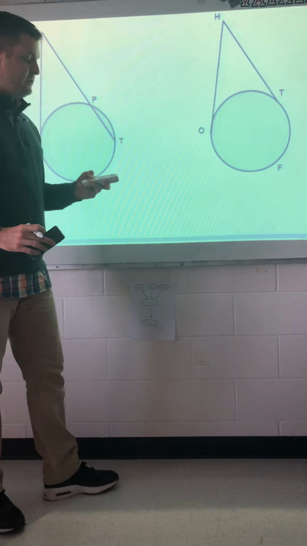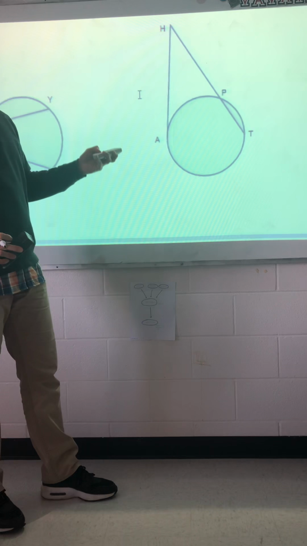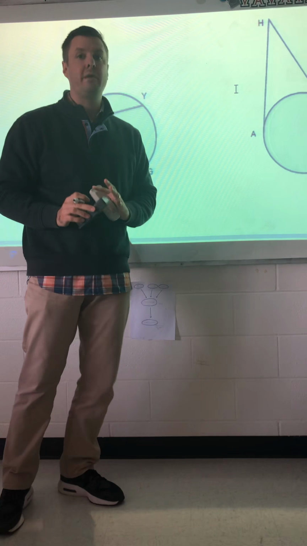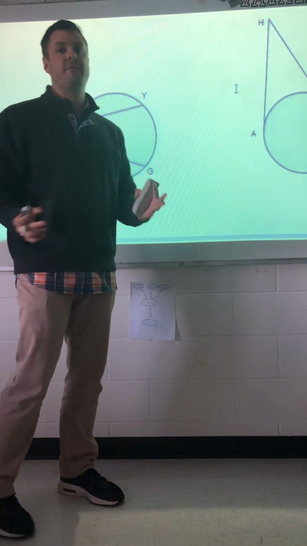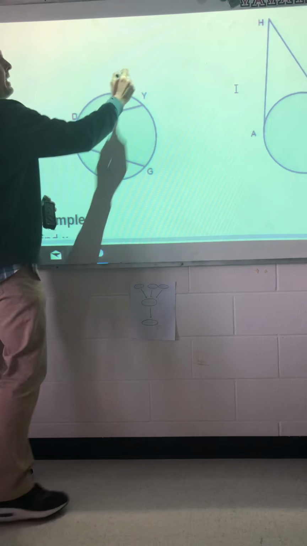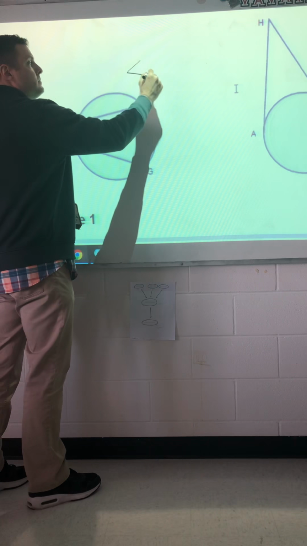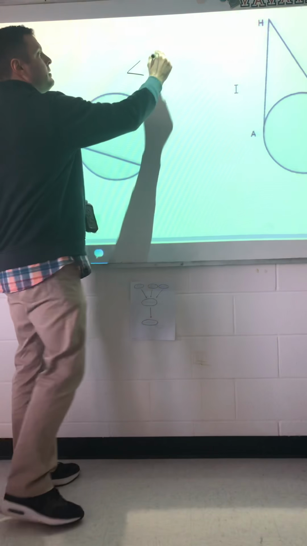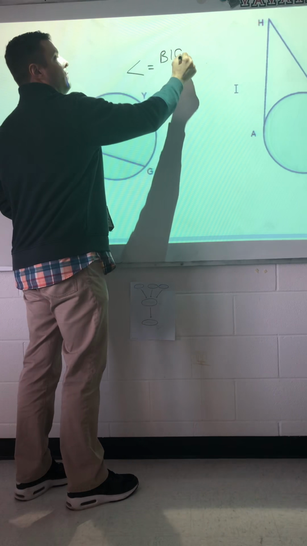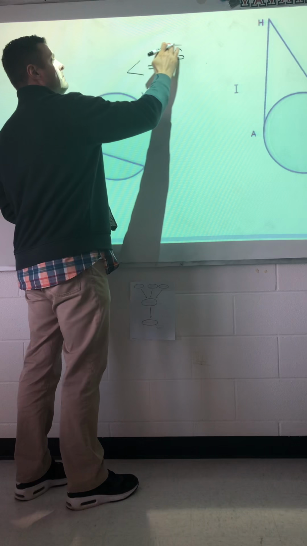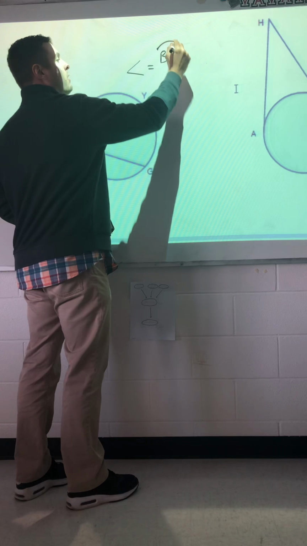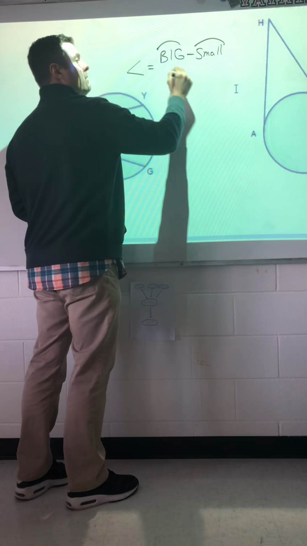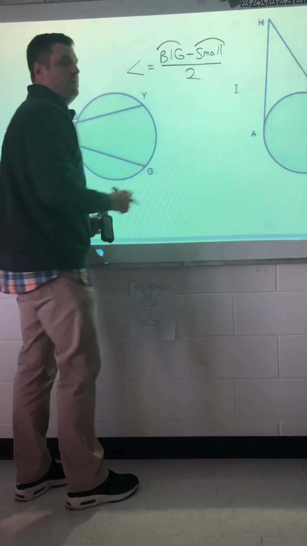So we don't have to memorize all three of these. We can have one formula that's going to help us with all three, and we don't have to memorize individual things. Okay, our angle on the outside is going to be the big arc, sorry, not a line, big arc minus your small arc divided by 2.